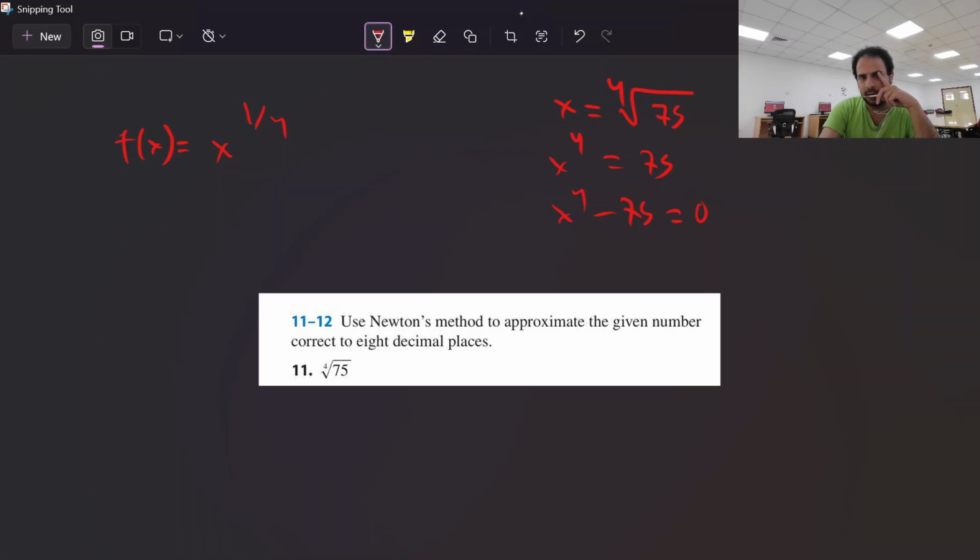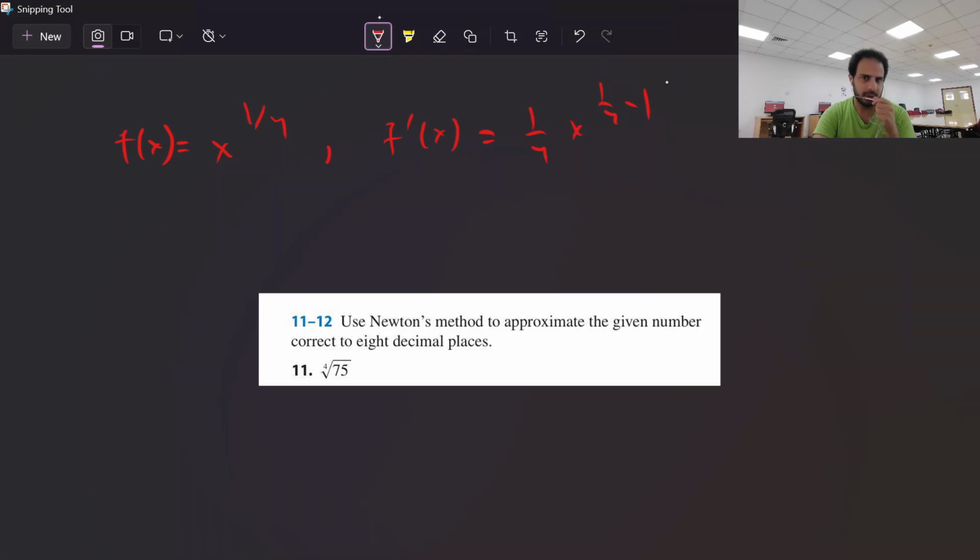But let's try yours now. What's the derivative of this? One over 4 x to the 1 over 4 minus 1. 1 over 4 minus 1 is minus 3 over 4.